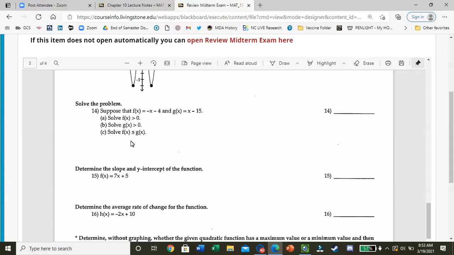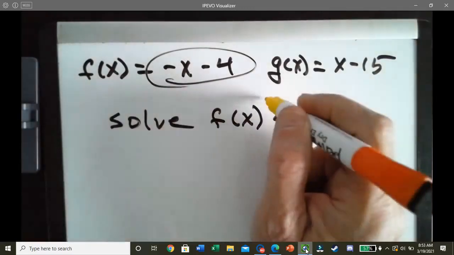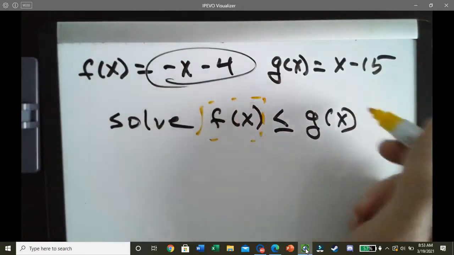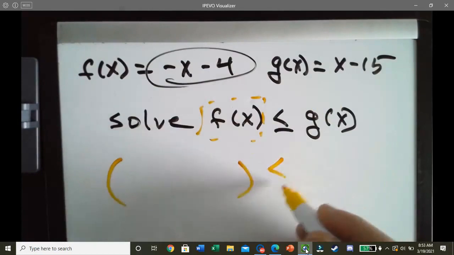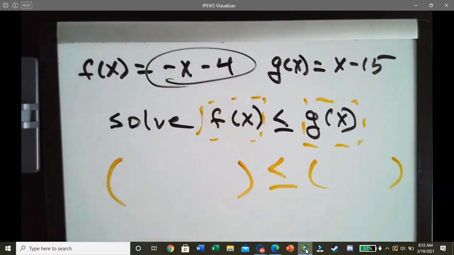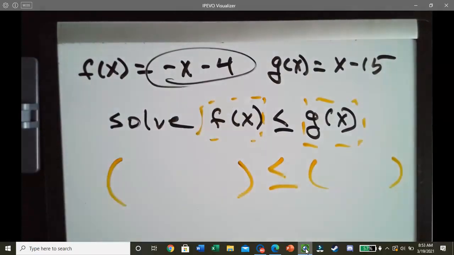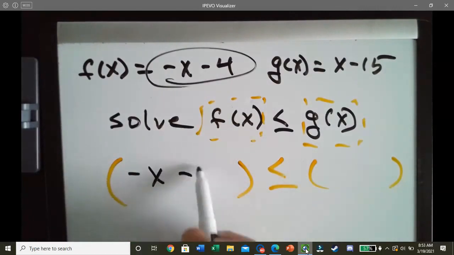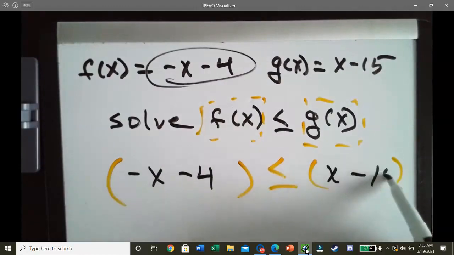Wherever f of x is, it's like you're cutting out that f of x, parentheses, less than or equal to, where the g of x is, cut it out, and then you substitute in the equation for f of x, which is negative x minus 4, and for g of x, x minus 15.